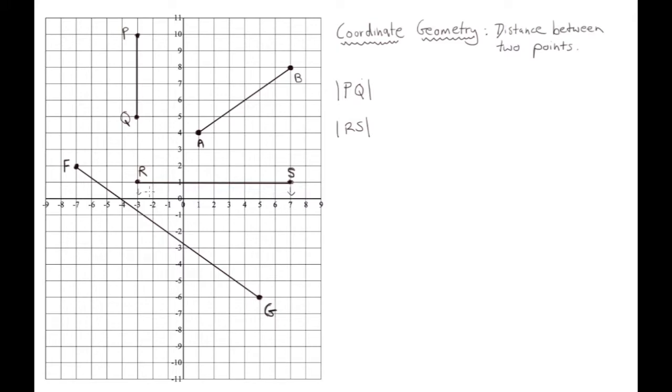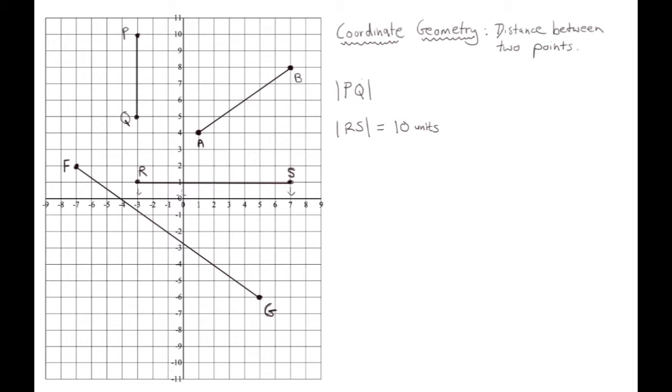So how long is the distance between -3 and 7 on the number line? Well, we can count it out. Here's a box, so it's 1, 2, 3, 4, 5, 6, 7, 8, 9, 10. So the length of the line RS, or the distance between R and S, is 10 units. Okay? If there's no measurement given, we just write units.